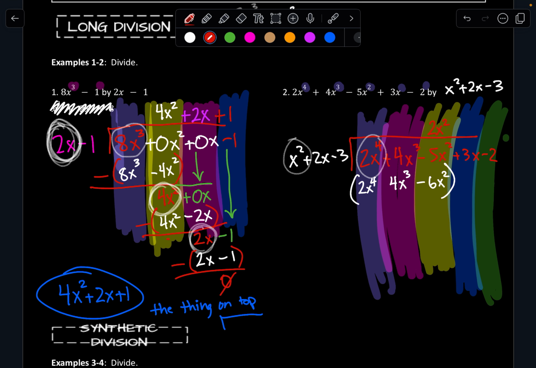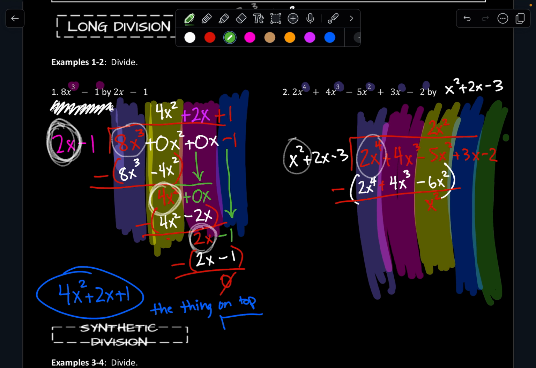When we subtract those, we get a 0 for this one because those cancel off. 4x minus 4x cubed, those drop off also. And then negative 5x squared minus negative becomes plus 6x squared. So it really ends up being x squared.